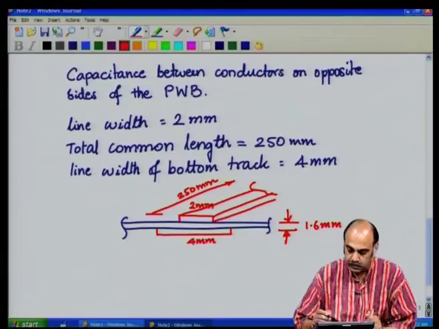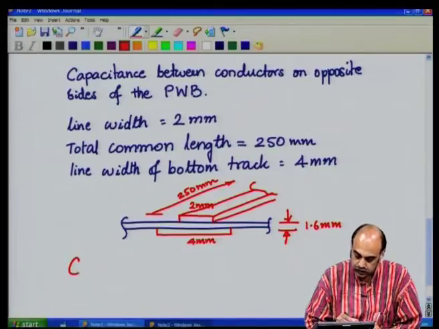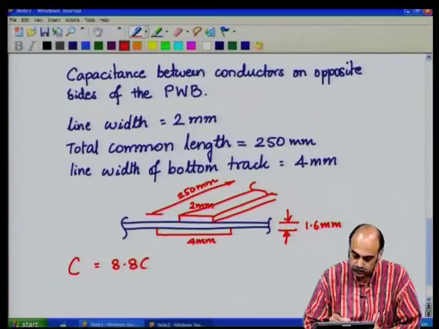So, this is the situation, and if you apply the formula 8.86 into 5.4, this is our epsilon r, okay.